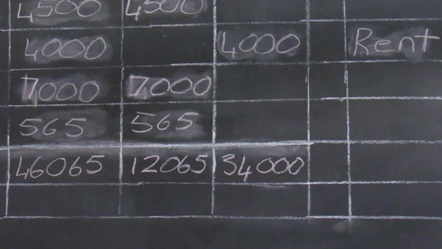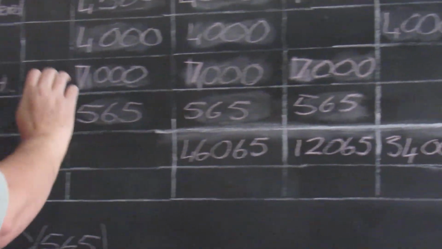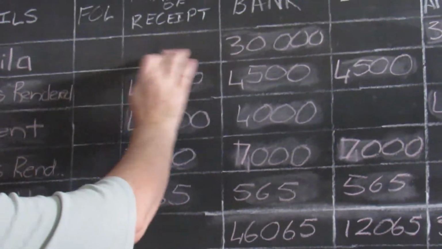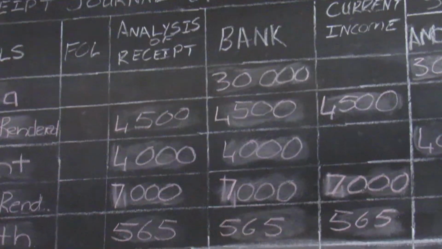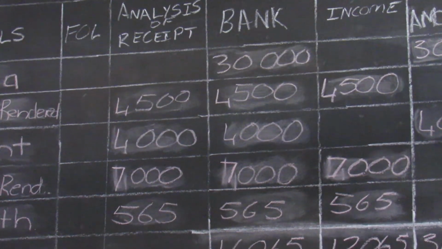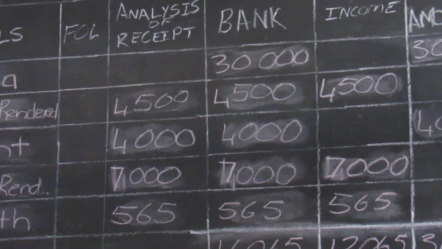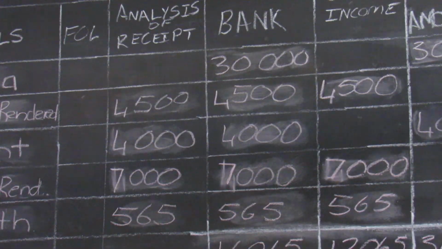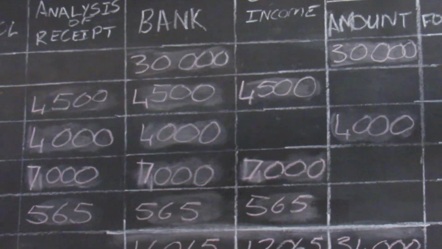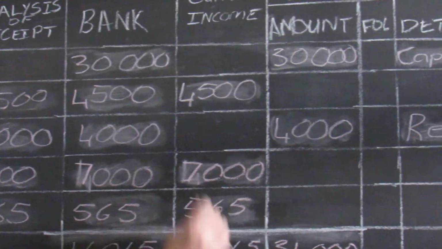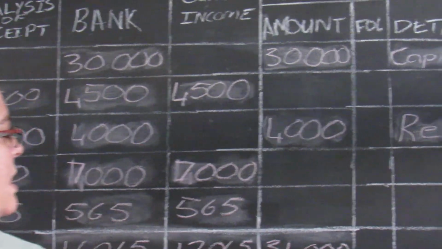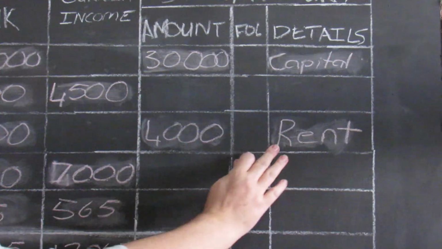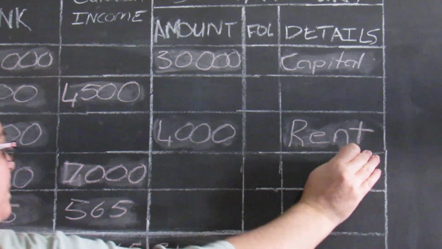Just important things to remember: if it is a direct deposit, it doesn't get put into the bank, it only goes into the bank. Any services that you do, or even if you sell something, all your income goes into the current income account. If there is no column for the amount, it goes into sundries account, and you have to say what the amount was for.